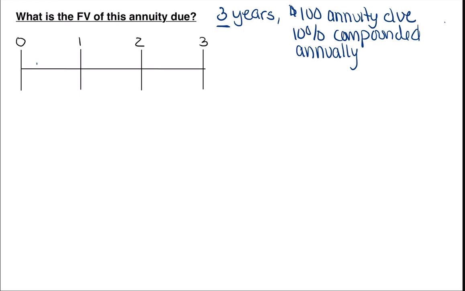So I will have $100 at the beginning of year 1, okay? And my rate is 10% compounded annually, and this is an annual timeline, so my rate goes there. And again, we have 3 years, so the beginning of the first period, which is time period 0, or tick mark 0, and then the beginning of the second period, and the beginning of the third period.